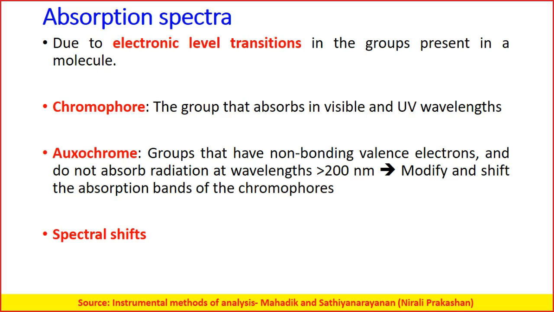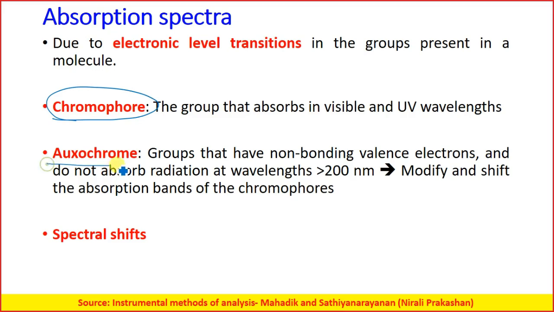The extra element or group that you are attaching may be a chromophore. That means it will lead to the absorption of some of the radiation components. If it is not a chromophore, you have another group which you have attached.